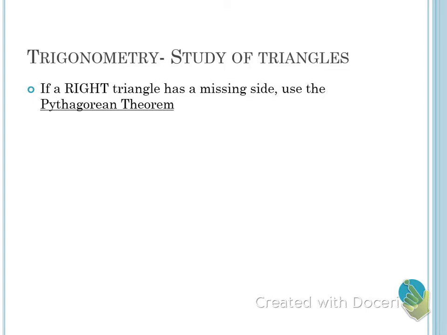But here, if a right triangle has a missing side, use the Pythagorean theorem. That is the fill in the blank. And the Pythagorean theorem is a squared plus b squared equals c squared.